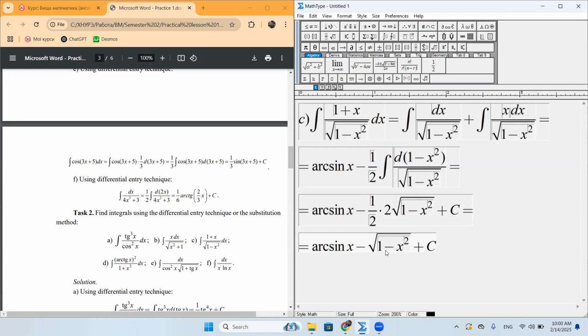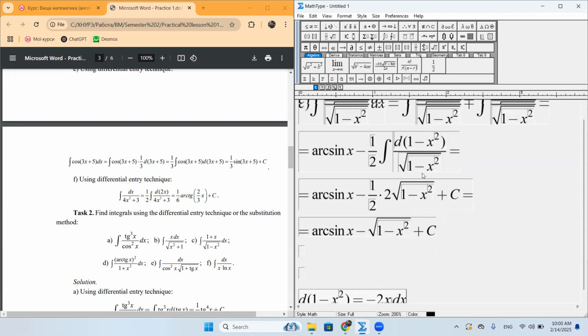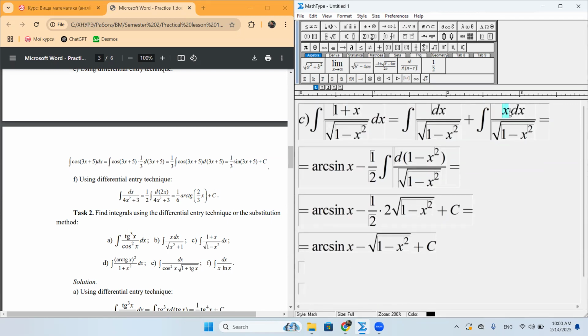Can you explain again, please, where x goes in the second row? Do you mean this x, right? Yes. Okay, so this differential is the following. If we differentiate this expression, we will receive 2x dx. And here we have just 1x.